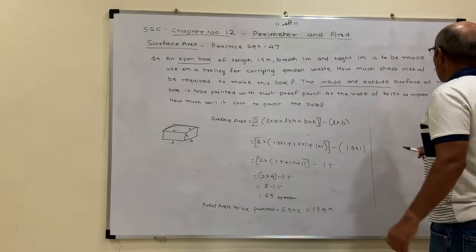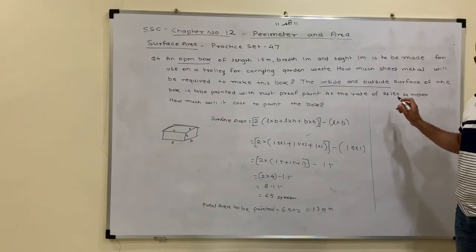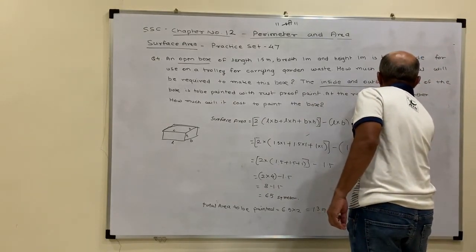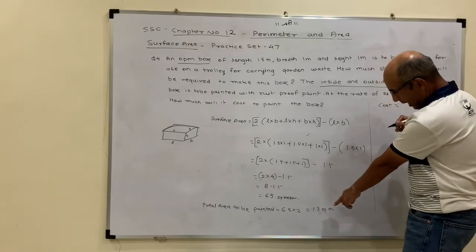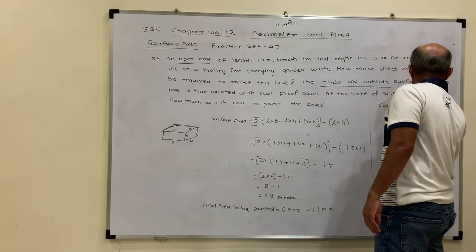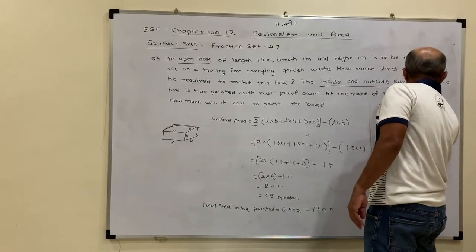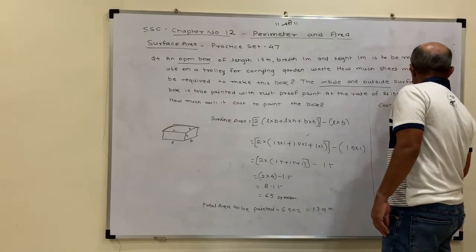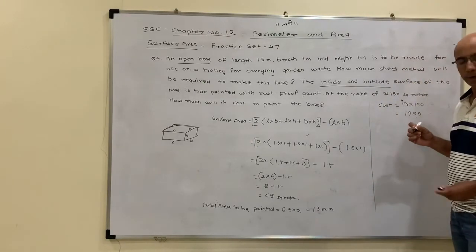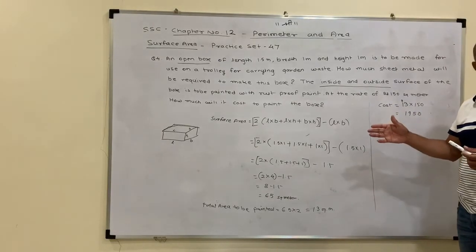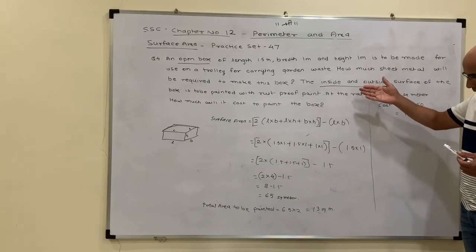So what they say, 150 rupees per 1 square meter. So the cost comes out to be, cost equals to, how much is the area? 13. So 13 into 150, 15 3s are 45, 15 1s are 15 plus 4, 19. So 1950 will be the cost of paint to paint this box from inside and out.